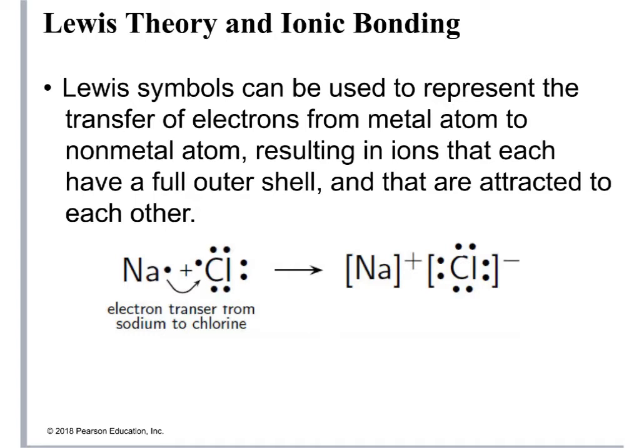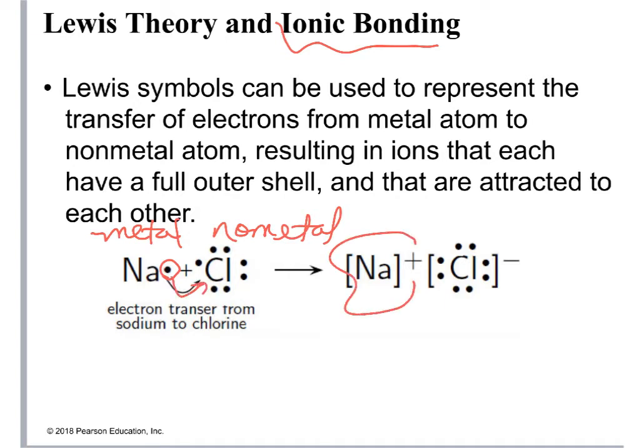Alrighty, so we can also use Lewis dot structures to show how a compound is made from individual atoms. For example, if an ionic bond is being made, and again, that would be between a metal and a nonmetal, we know that metals have very low ionization energy and will therefore tend to donate one or all of their valence electrons to become a cation.